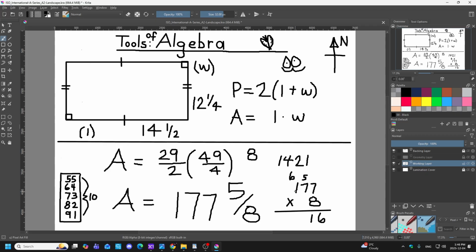And that should be 14, right? Yeah. 14, 16. And that's where the 5 comes in, right? 1421 subtract 1416 gives us that 5.